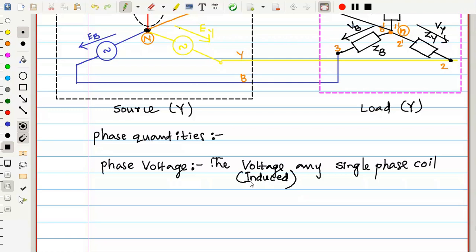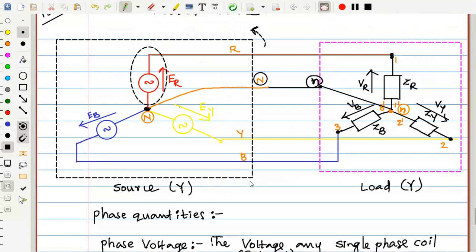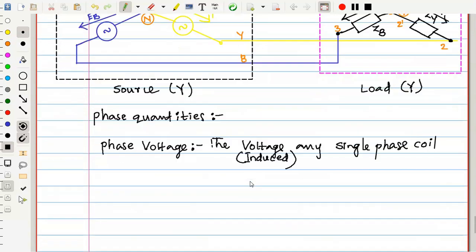Now can you see what those voltages are? For coil 1 the induced voltage is ER, so ER is one phase voltage. Similarly EY is another phase voltage, and EB is another phase voltage. These are the phase voltage magnitudes.